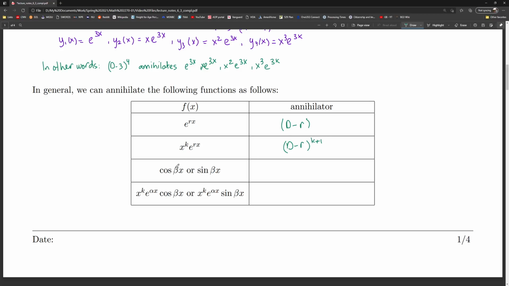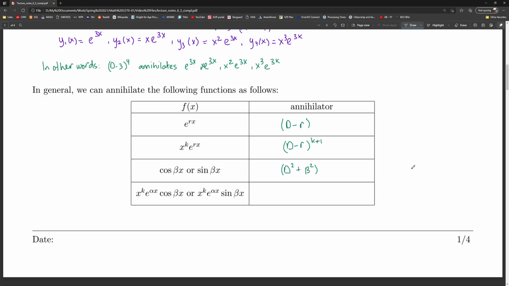Now, if we look at cosine beta x or sine beta x, that corresponds with auxiliary roots of plus or minus beta i, and the annihilator for that is D squared plus beta squared.